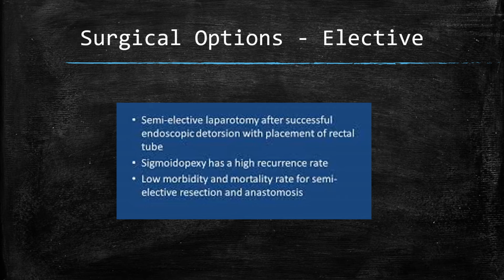This allows us to bowel prep the patient and correct any other medical issues. During that admission, this patient should undergo a sigmoid resection with primary anastomosis. This could be done open, laparoscopically, or robotically, depending on your own particular skill set. And again, don't be tempted to do a sigmoidopexy. This has no role in this disease.